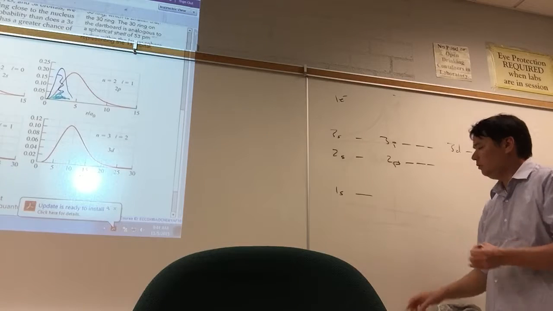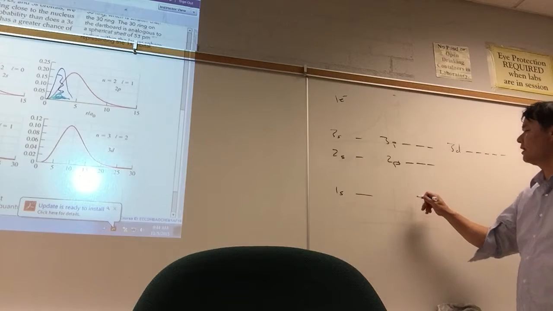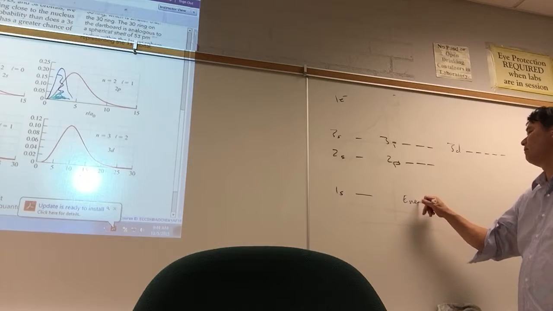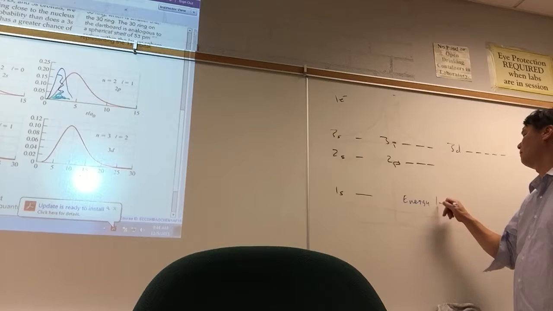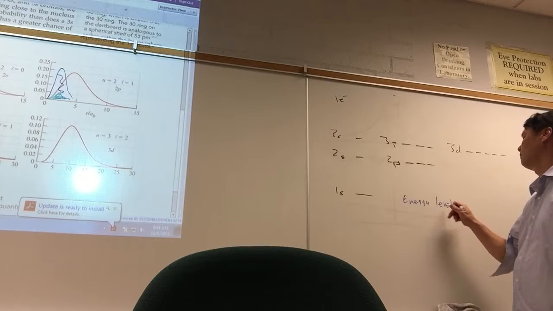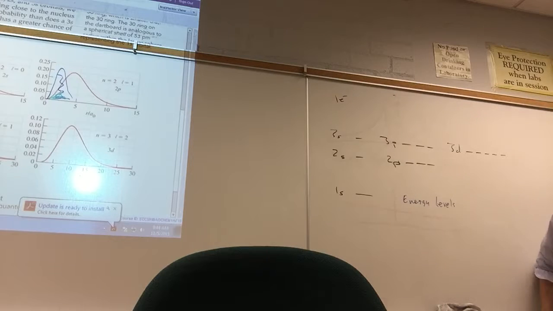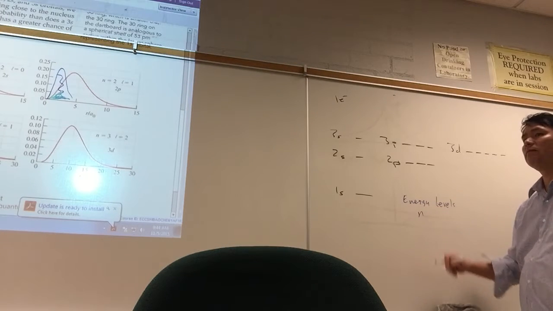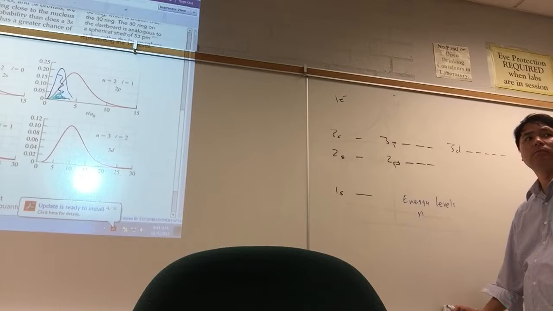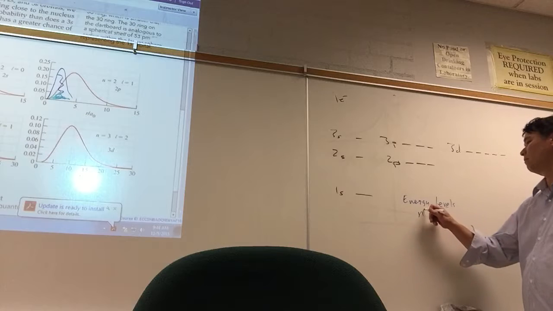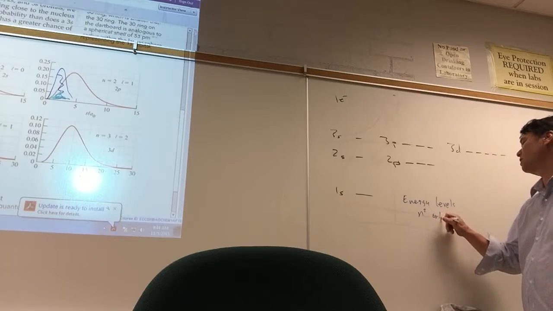And then what we say is that these are energy levels. And how many orbitals are in each energy level? There are n squared orbitals in each energy level.